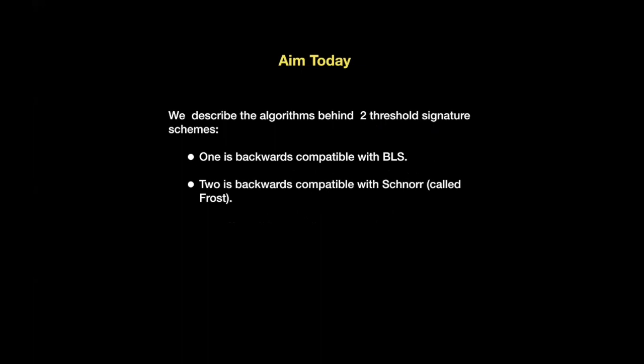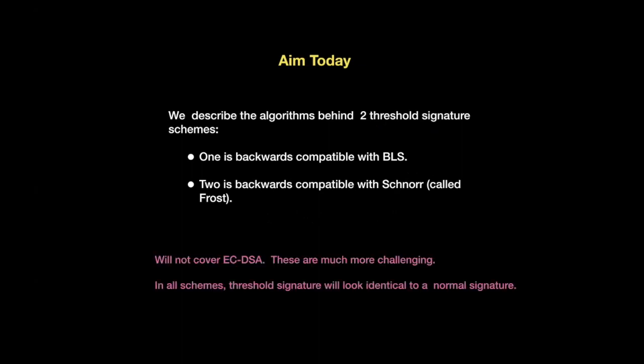So the two algorithms we're going to look at for threshold signatures: one of them is backwards compatible with BLS, which I would say is the easier one, and the second one is backwards compatible with Schnorr, and this is the FROST signature scheme. There's a third backwards compatible signature which some people are interested in, which is ECDSA.